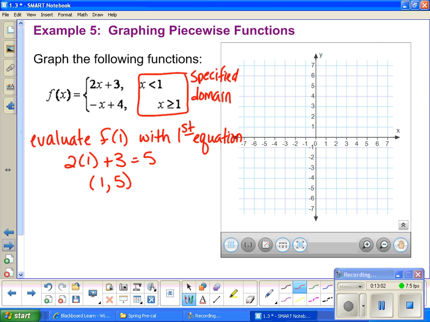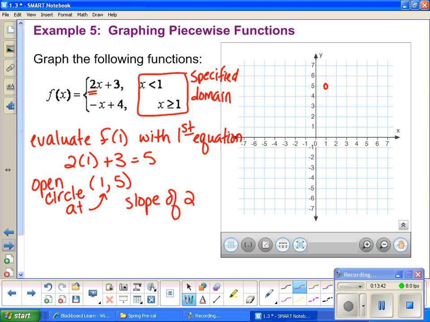However, because it says it's less than 1, I'm going to then have an open circle at that point, and a slope of 2, right? The slope of 2 from my equation. So at 1, 5, we have an open circle and a slope of 2.